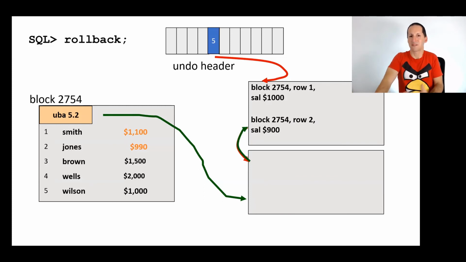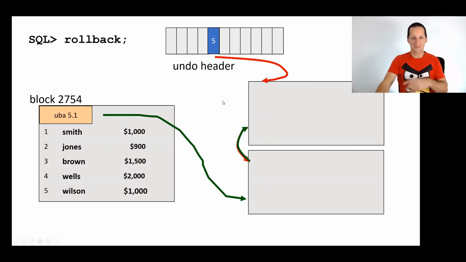That undo now becomes freed up for other use. Row number 2 says go back to 900, and I keep on going. Eventually, when I'm all done, I've cleared out my undo, and my block is back to how it was before. So that's a vast simplification of how undo works, but you get the idea. Store a set of instructions as to how to undo a transaction, and apply them if someone asks you to do a rollback.